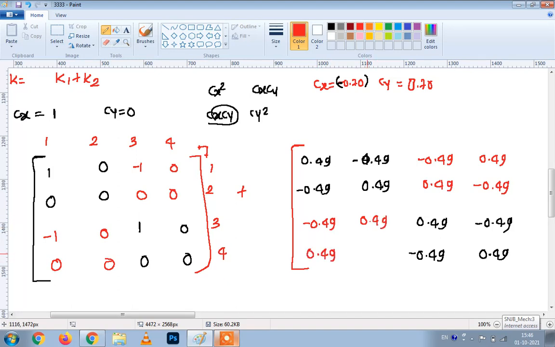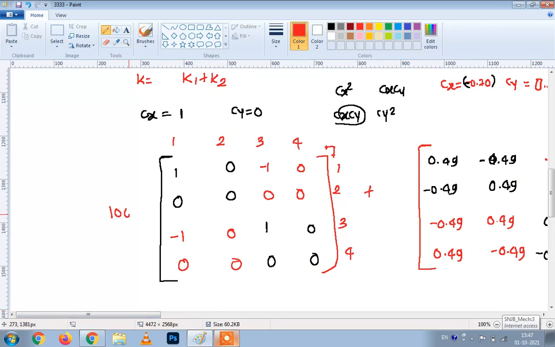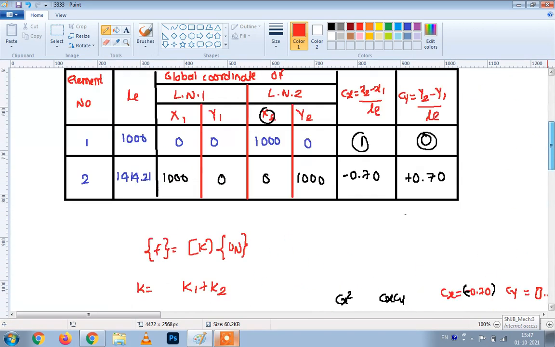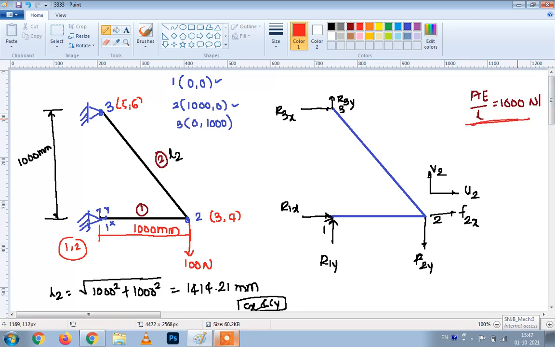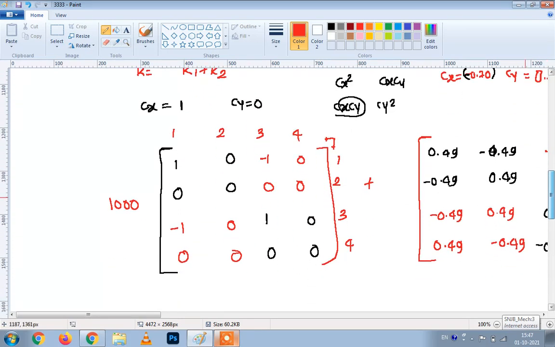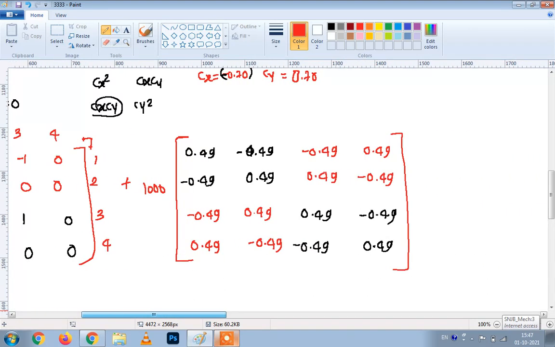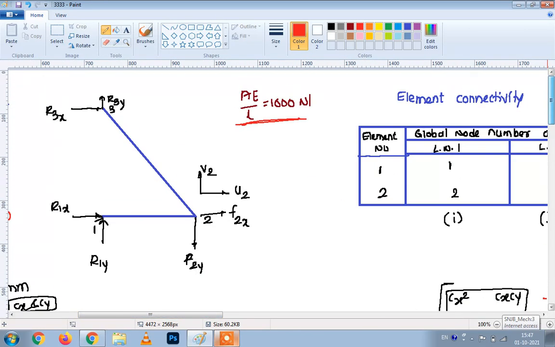Also, one thing which is remaining: we have to write down here 1000, as this value is AE by L, which is given in the numerical itself. The value of AE by L is 1000, given in the numerical. So here it is also 1000. Now we have to write down the degree of freedom.